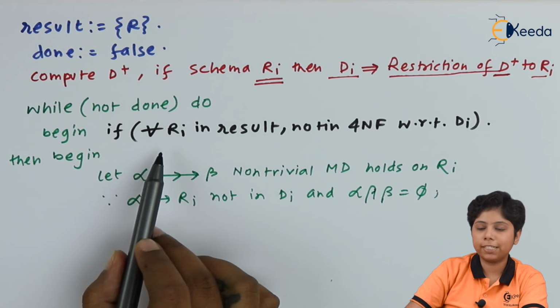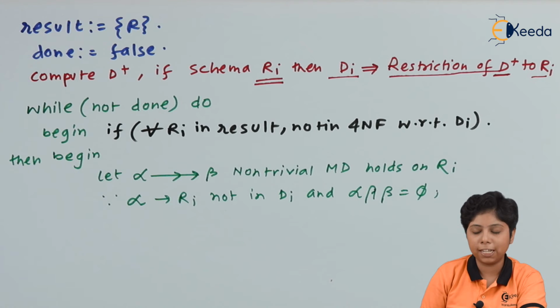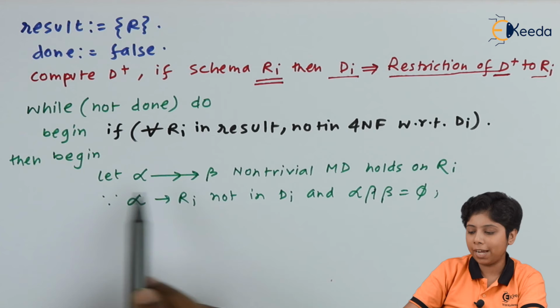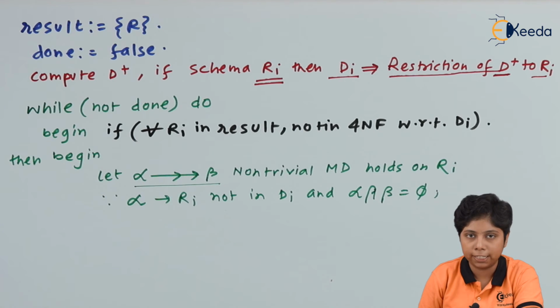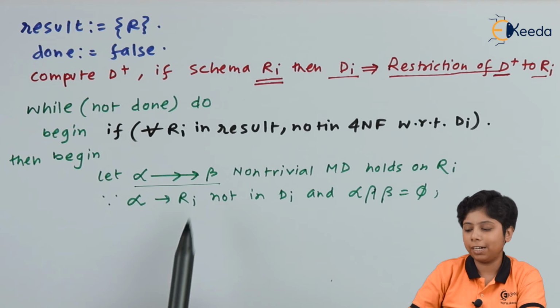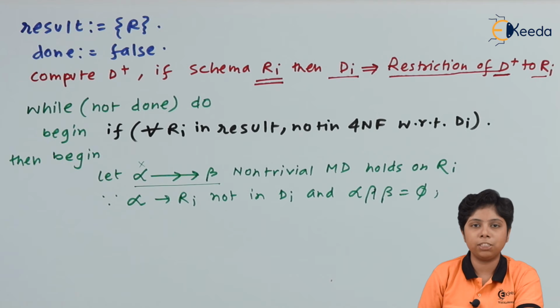Now, if there is any Ri that is in result but not in 4NF with respect to Di, then we take a non-trivial multivalued dependency that holds on Ri. Then we need to prove that there exists no such non-trivial dependency. First, we are assuming that there exists a non-trivial multivalued dependency.